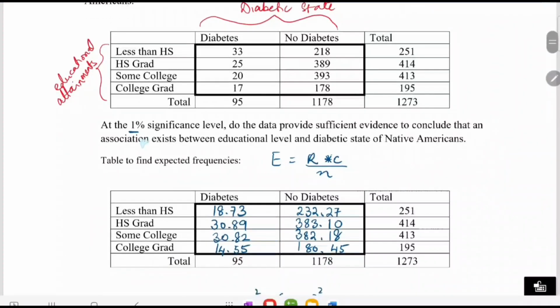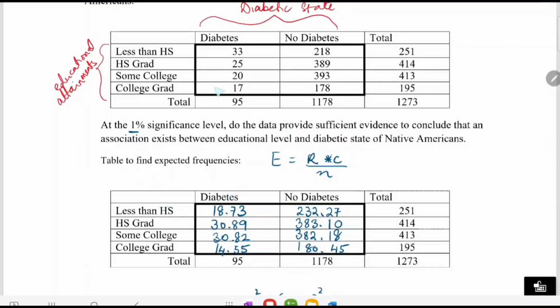So the question says, at the 1% significance level, do the data provide sufficient evidence to conclude that an association exists between educational level and diabetic state of Native Americans? So the population is Native Americans, not everybody in the country, but a certain section of the country based on ethnicity, perhaps.